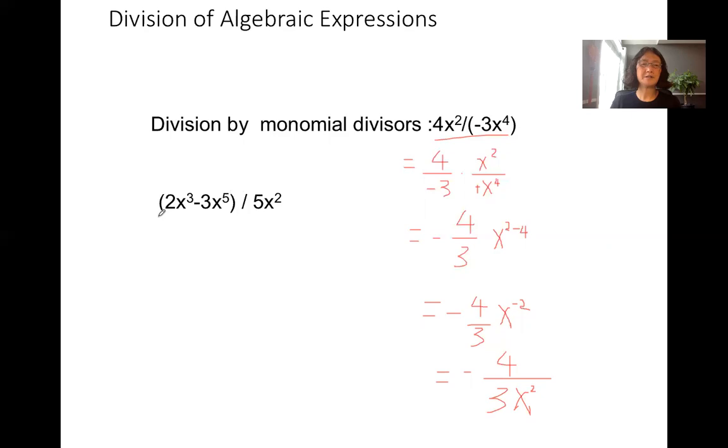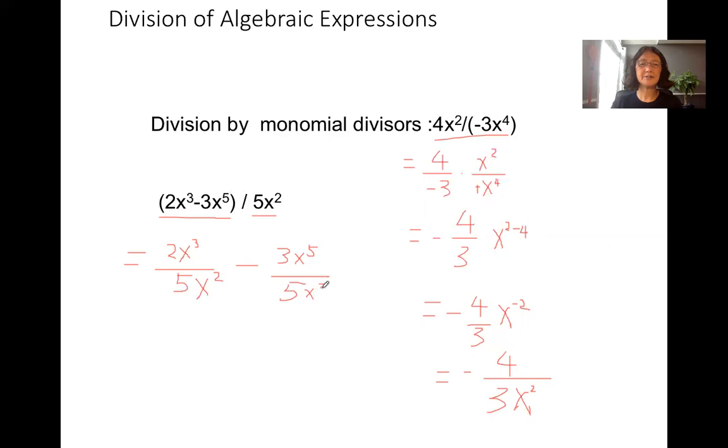If you have a numerator that is a polynomial, denominator is a monomial, as this example, and you do this. You use each term in the numerator divided by denominator, minus 3x raised to power 5 divided by 5x squared.